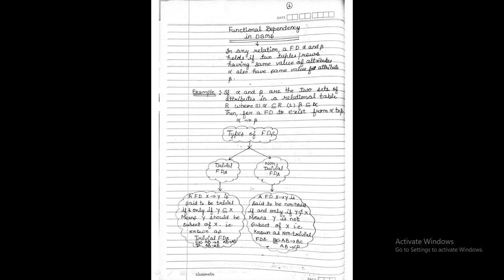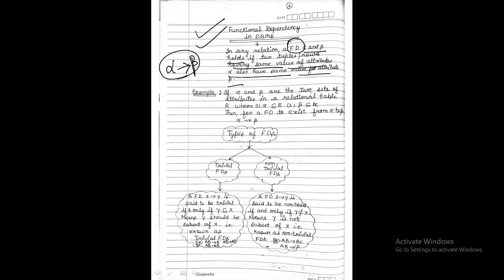And now the next topic is: what is a functional dependency in a database management system? In any relation, for example, alpha implies beta holds. This is a functional dependency. If two tuples or rows have the same value of attribute alpha, they also have the same value for attribute beta.